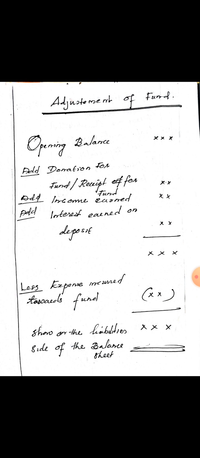Opening balance plus donation plus receipt plus income earned plus interest on deposits minus expenses incurred towards funds. The balancing figure will be shown on the liability side of the balance sheet. If the balance is a positive figure, it will be shown on the liability side of the balance sheet.